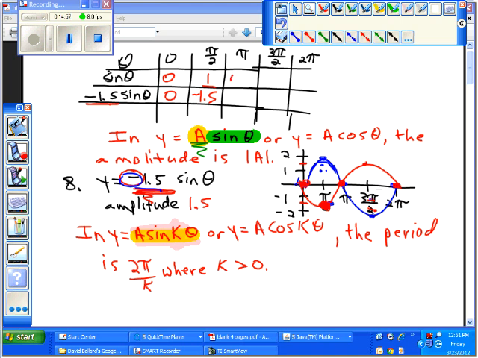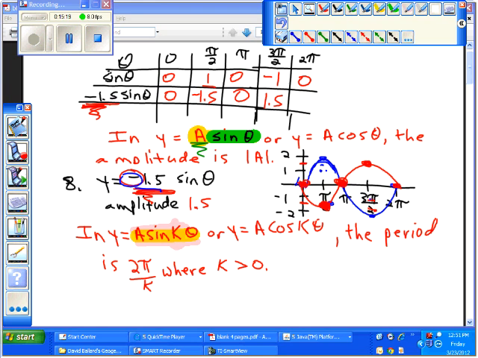What is the sine of pi? 0, negative 1.5 times 0 is 0, so we're back to 0. The sine of 3 pi over 2 is negative 1. Negative 1.5 times negative 1 is positive 1.5, and so that's why that one ended up there.